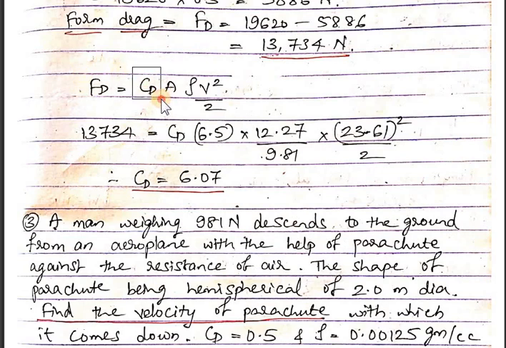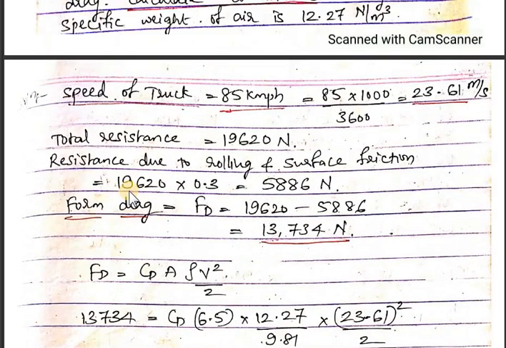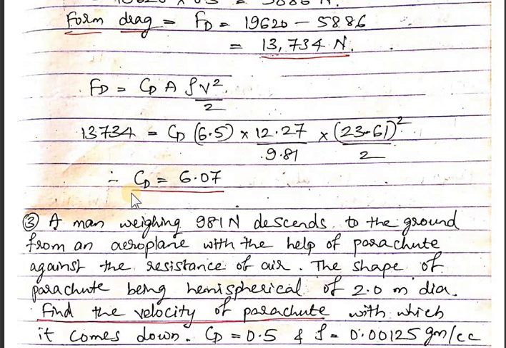Lift is not asked, so we are going to find only the drag force using the coefficient of drag. The area in contact with air is given, the density is given indirectly like the earlier problem, and the velocity of the truck is also given. So the CD value comes around 6.07. Because of this CD value of 6.07, if we maintain a flat body, we can run the truck at 23.61 meters per second, or else we can maintain the force of 13,734 newtons on the plate. Or you can change the values and run the truck at different speeds. That is the meaning.